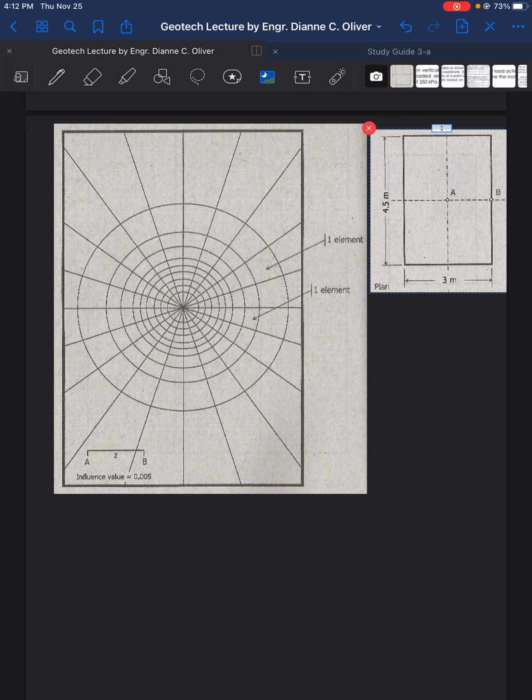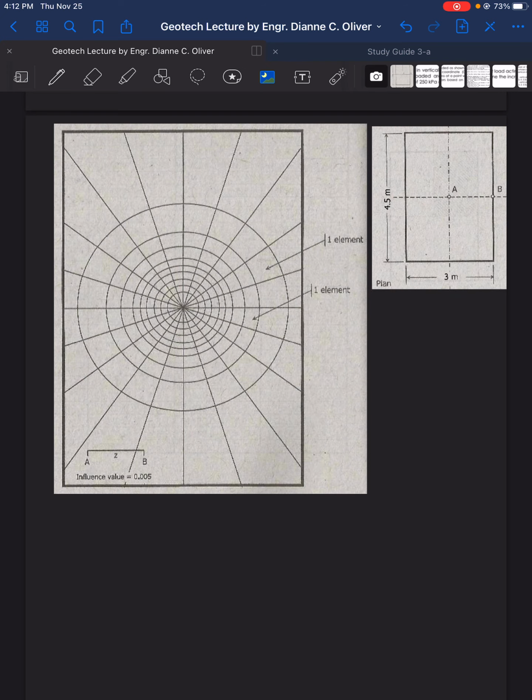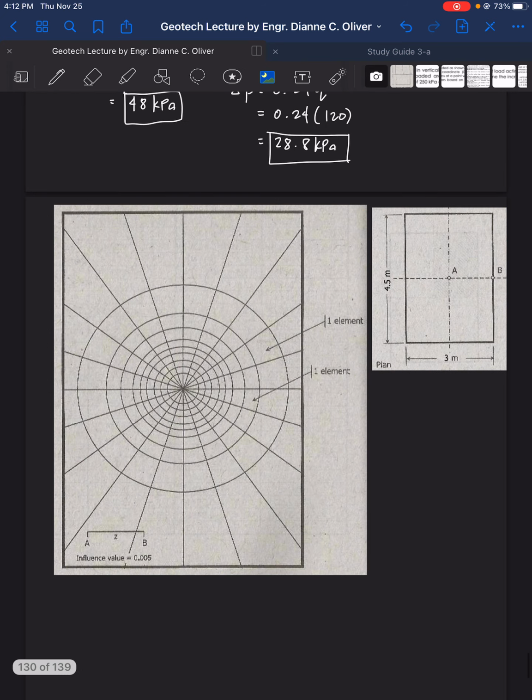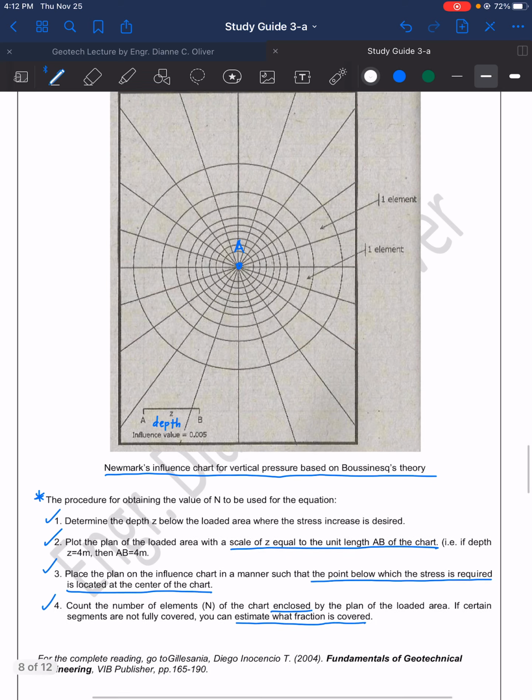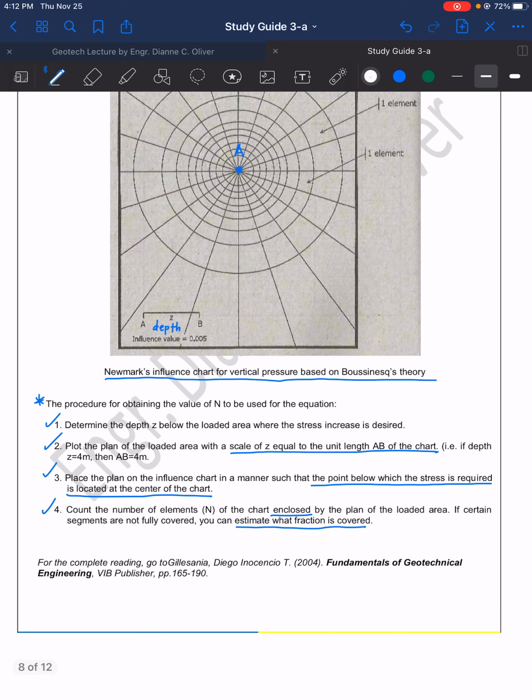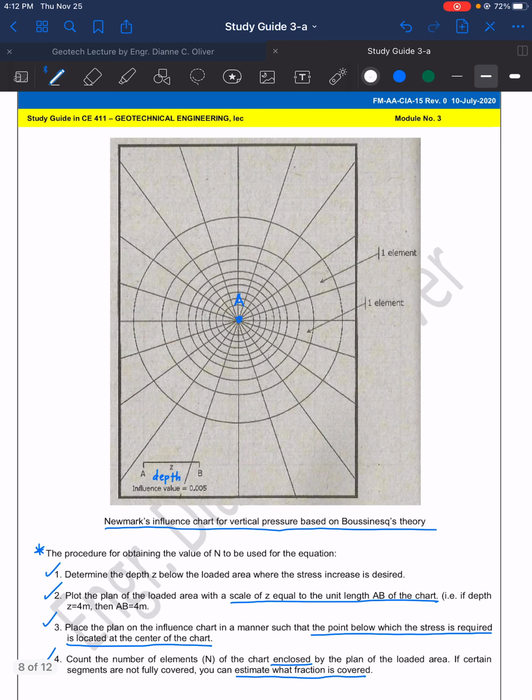Remember, what letter is this again? That is letter G. I believe it's G. Okay, so let's go back to the problem, to the instruction on how we get the value of n. So we need this chart to get the value of n.